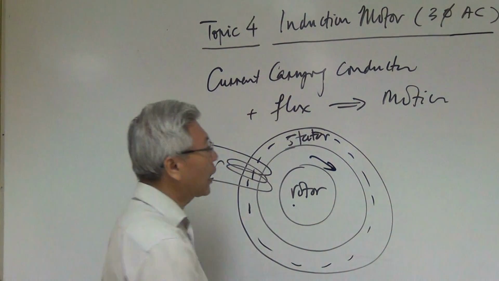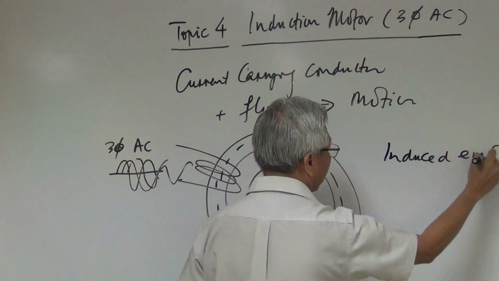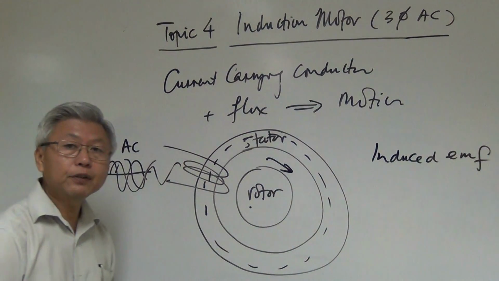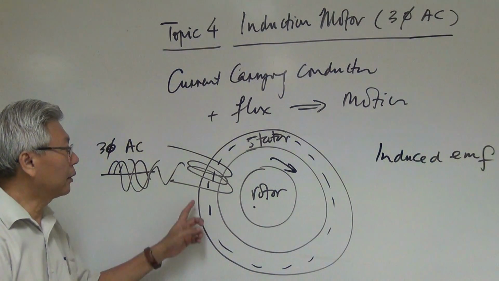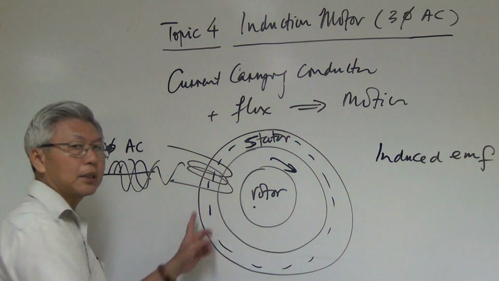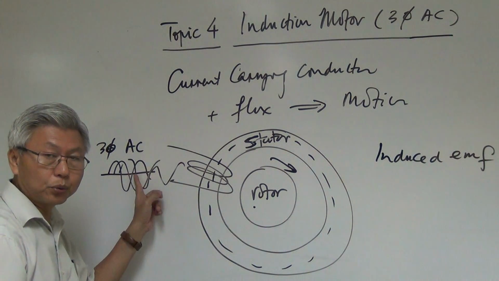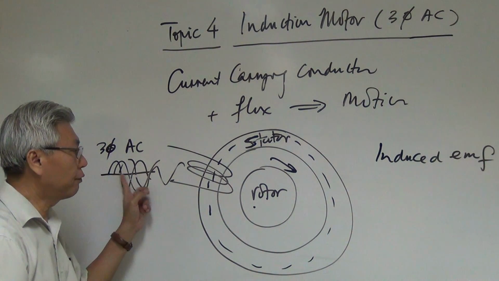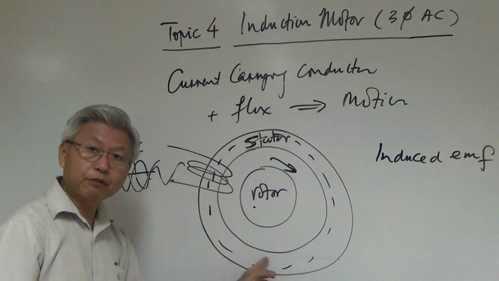Now, induction motor comes from the word induce, right? Induce EMF. Okay, where is the EMF induced? Here. Okay, I repeat one more time. How does it work? Stator is the part that's not moving, but we attach a three-phase coil to it, supplying three-phase AC power supply, and therefore it generates three-phase magnetic flux.